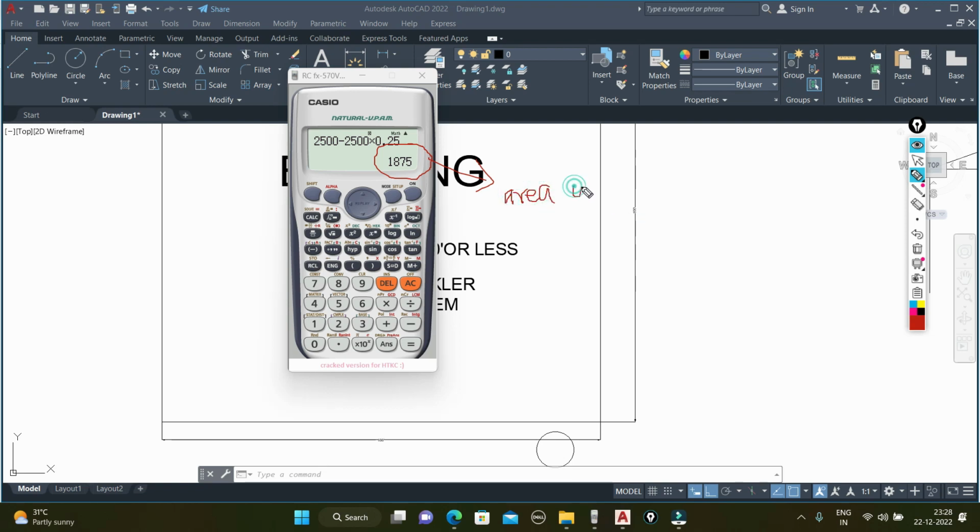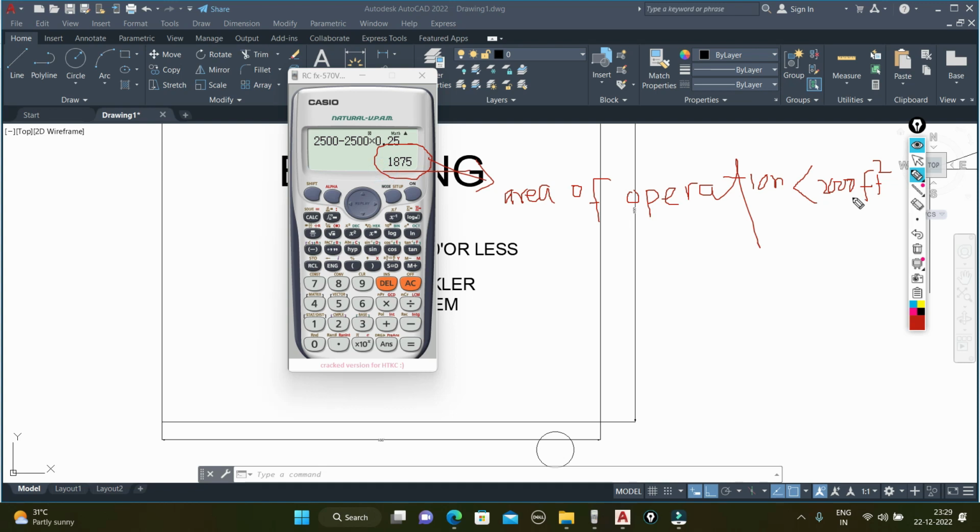the area of operation should not be less than 2000 feet square. So it is coming 1875, but we will not consider this one.